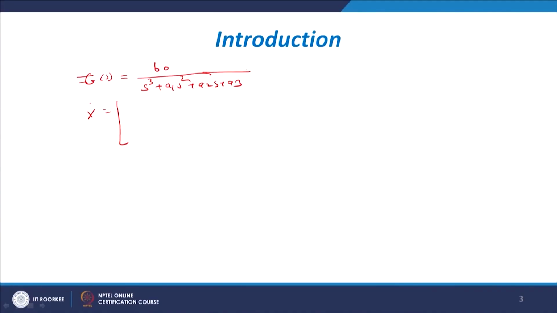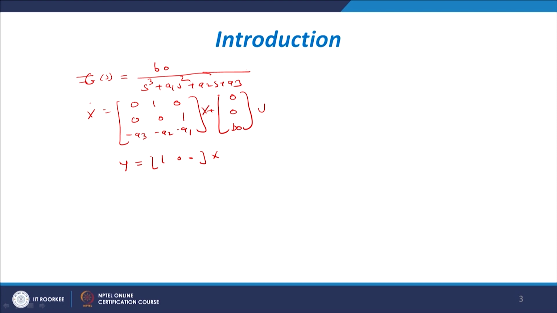So what we did last time, we wrote x dot equals to 0 1 0 0 0 1 minus a3 minus a2 minus a1 x plus 0 0 1 u, and y equals b naught, 1 0 0 into x. This we have done last time.